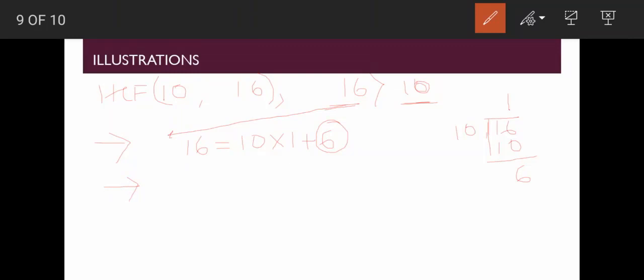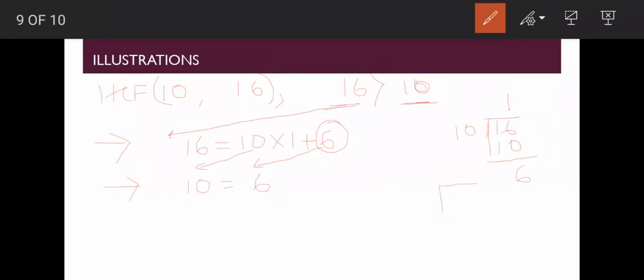So in step 2, 10 will be taking the place of dividend. That means 10 will come forward, followed by an equal sign, and then this non-zero remainder will be taking the place of divisor. So in this case, I'm going to divide 10 by 6.